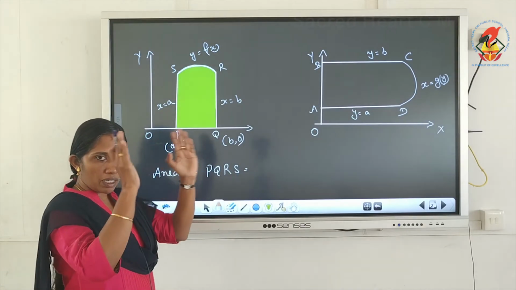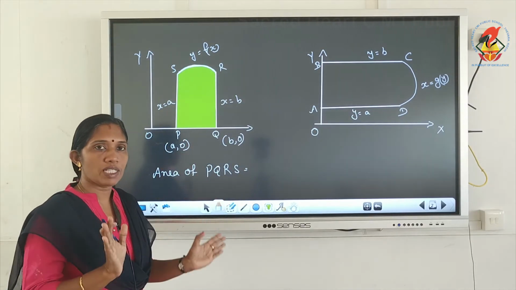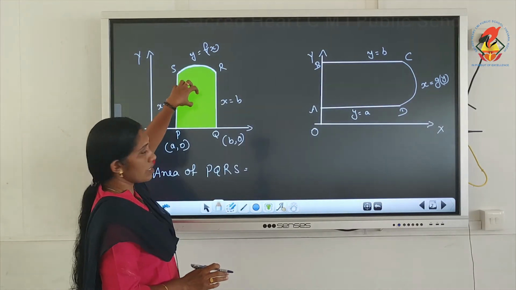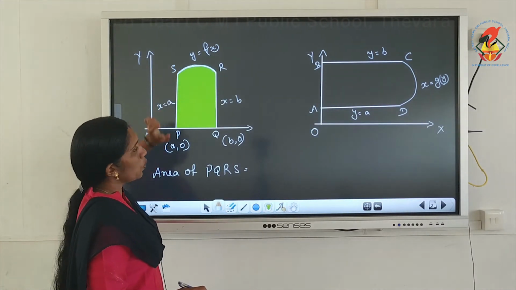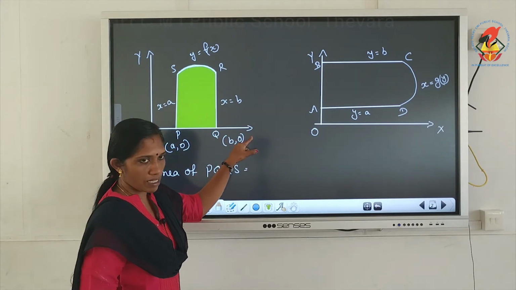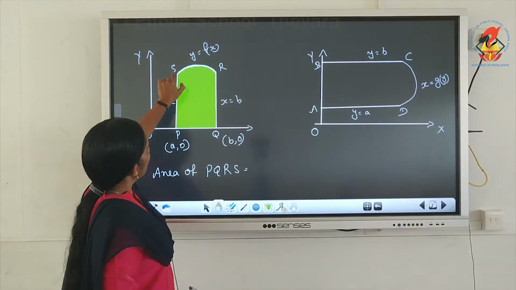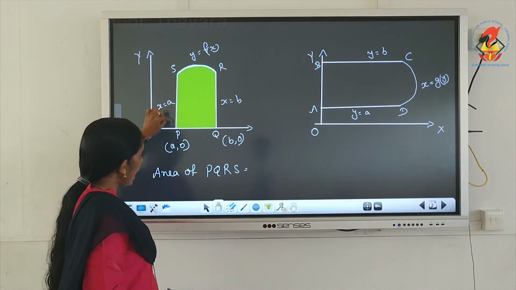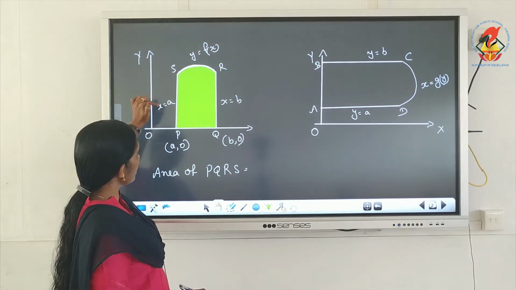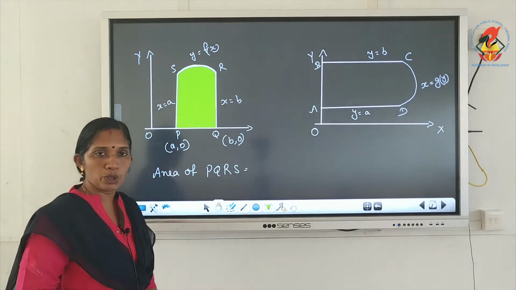That means all portions are closed. So this is bounded by the x-axis on one side, the curve on the other, and the other two sides are the lines x is equal to a and x is equal to b.